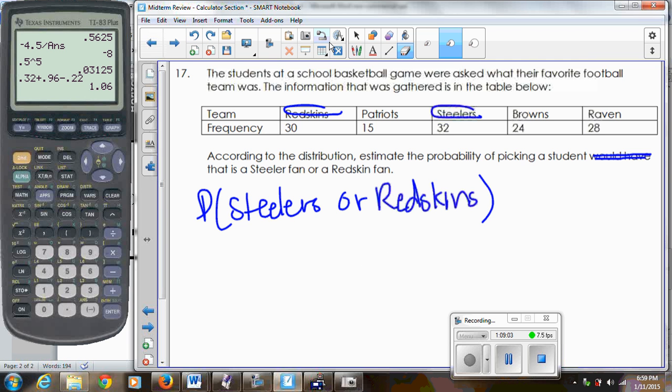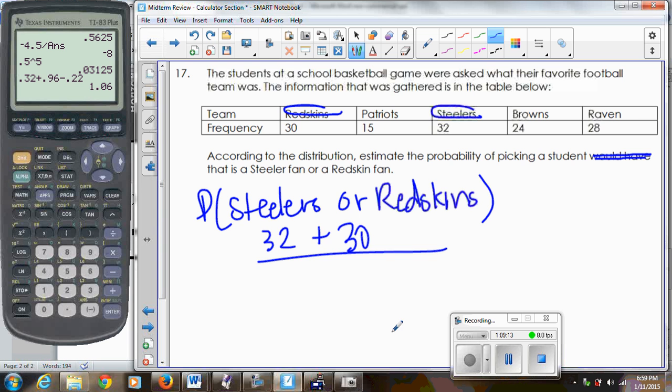I have 32 fans that are Steelers fans, and I have 30 that are Redskins fans. In order for me to find the probability, though, I have to divide by the total. And so we have to add all of these values up to get the total. So 30 plus 15 plus 32 plus 24 plus 28.